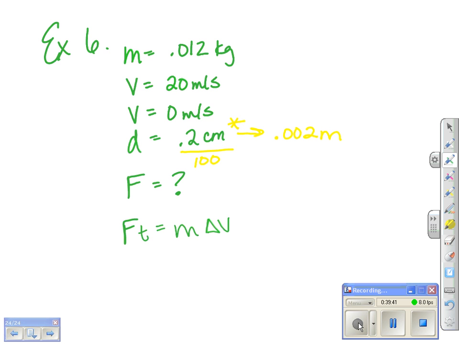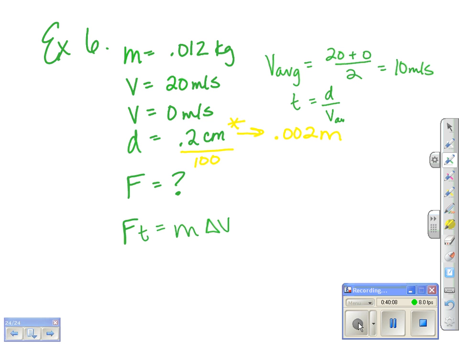Well, I can find an average velocity. Average velocity would be taking my two velocities and dividing them by 2. So 20 plus 0 divided by 2 would be 10 meters per second. That's an average velocity, yes? So if I take an average velocity, I should be able to find an average time that this all occurred in, because time would be distance divided by velocity.